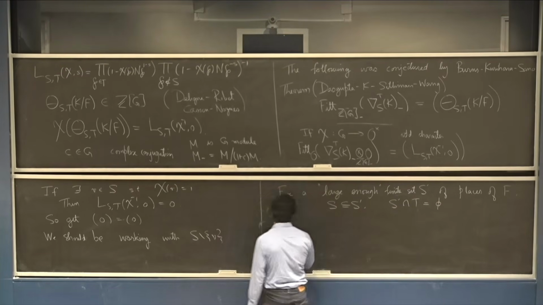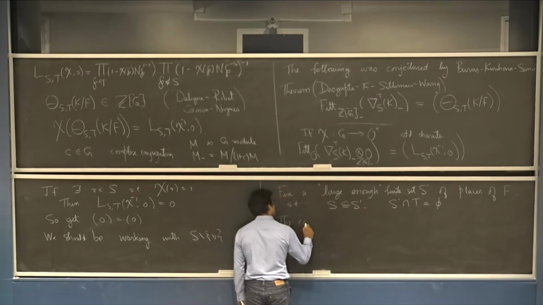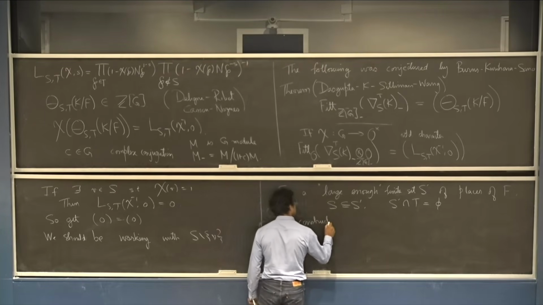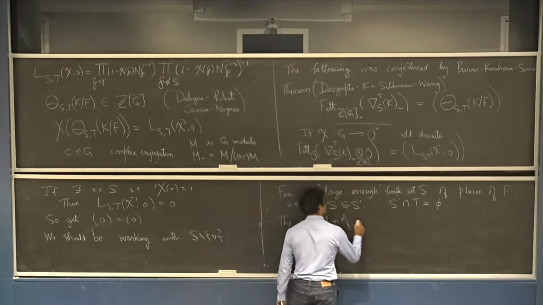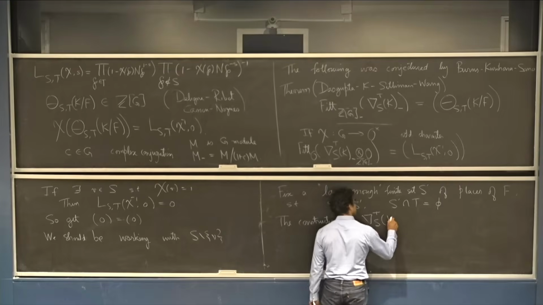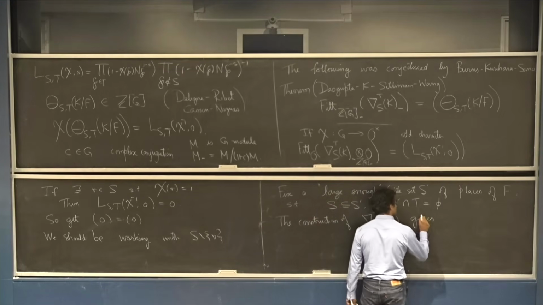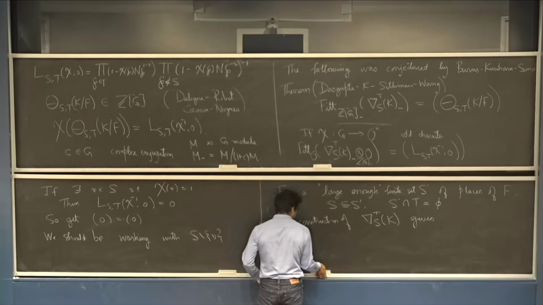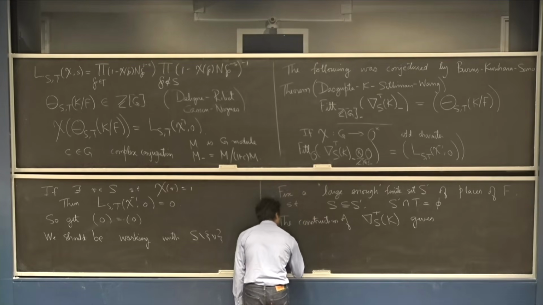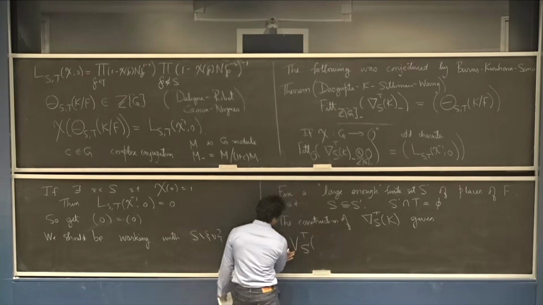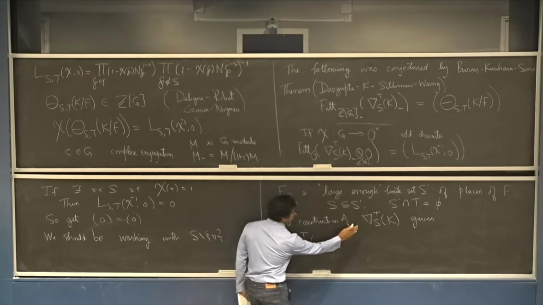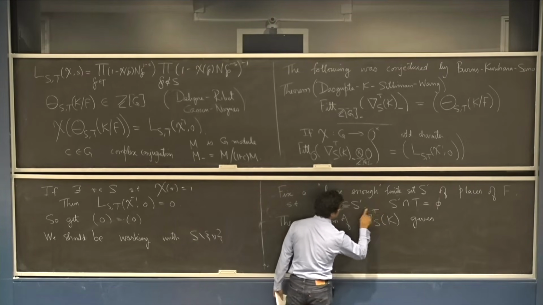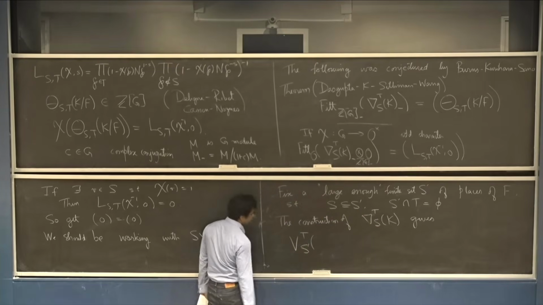Okay, then the construction gives a presentation as ZG modules. So we have specific modules that one uses, and so this nabla doesn't depend on the choice of S prime, but the presentation does.